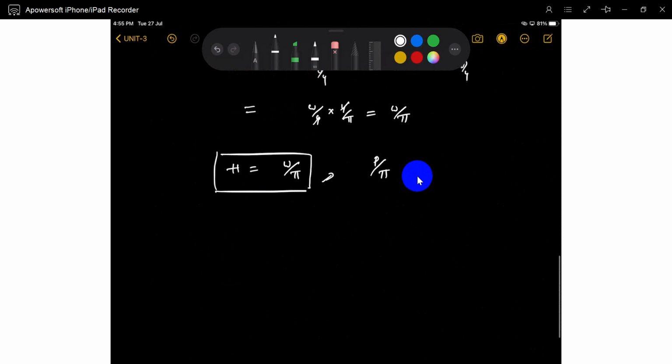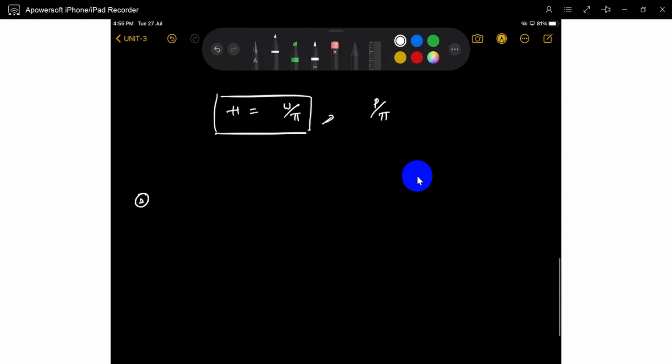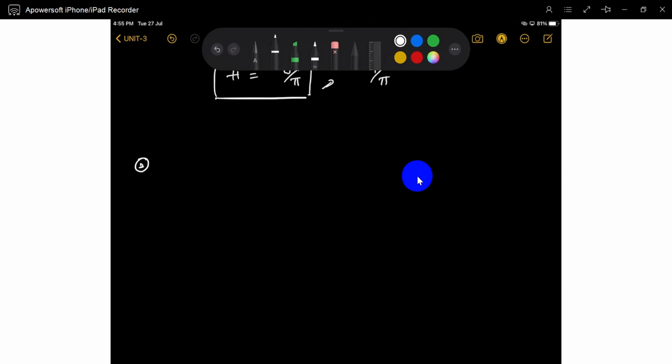So now we will do the second problem, same thing.